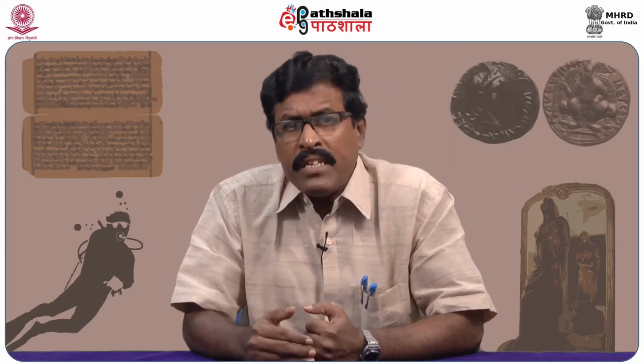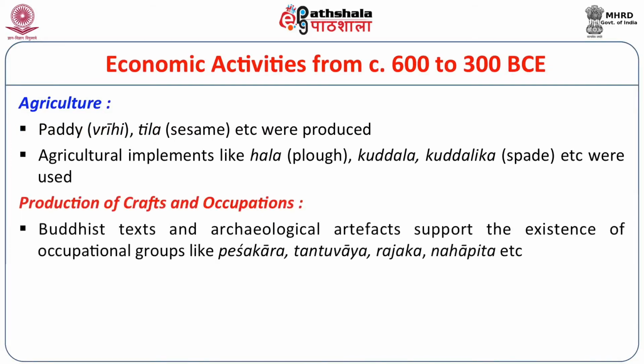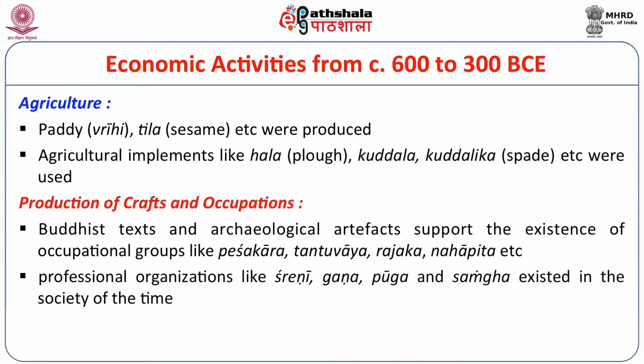What information do we get from those texts? We get agricultural implements like hollow, that is plough, kuddalo, that is spade, etc. were used. Production of crafts and occupations, Buddhist texts and archaeological artifacts support the existence of occupational groups like Peshokaro, Tontubayo, Rajoko, Nahapito, that is Barbar, Napito, etc. Professional organizations like Sreni, Gono, Pugo and Shangho existed in the society of the time.